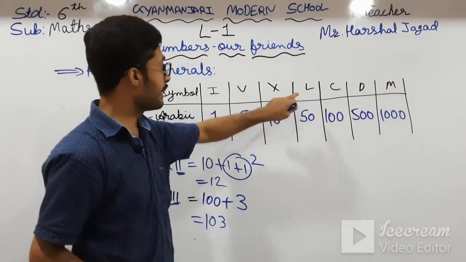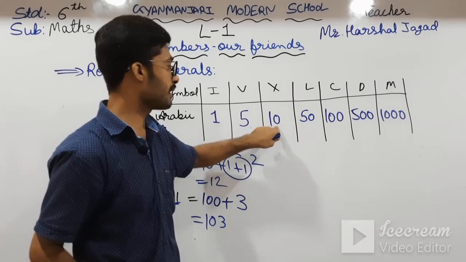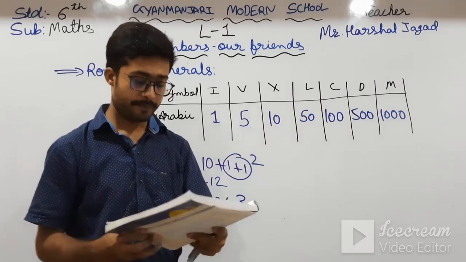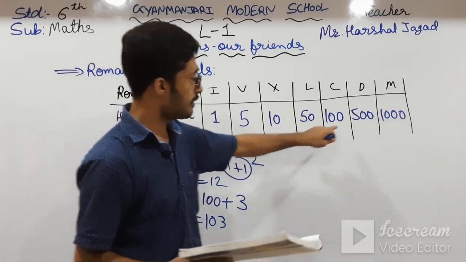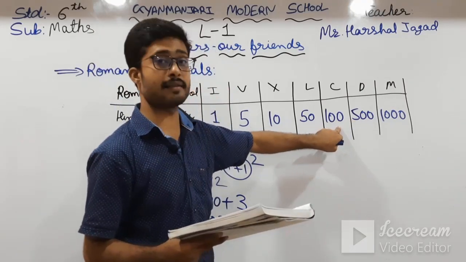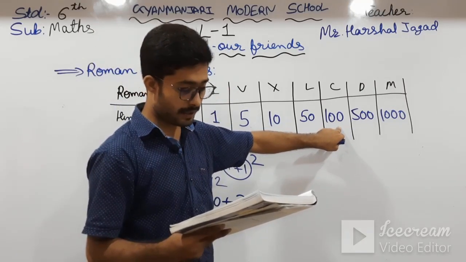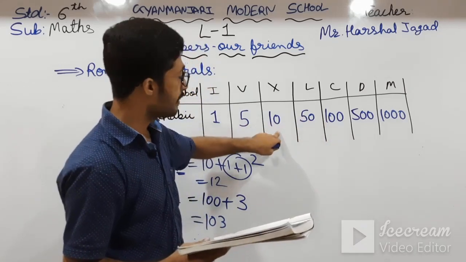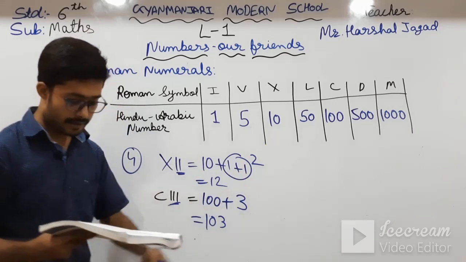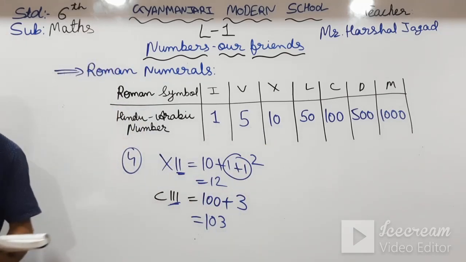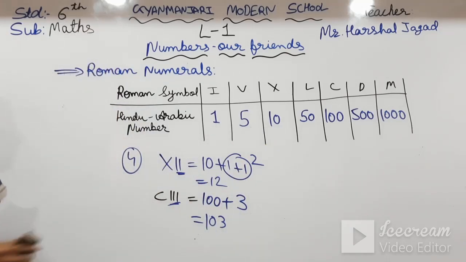L means 50, X means 10, that is 50 plus 10, that is 60 in your textbook. And DCCCX means, D means 500, CCC means 300. Okay students, and X means 10, that is 810. Okay students. So now next rule number 5.